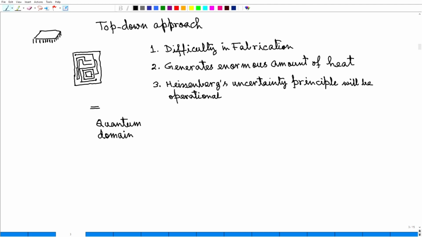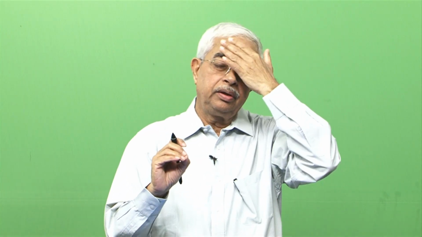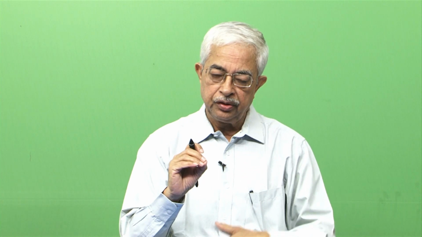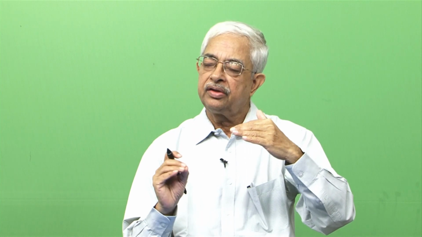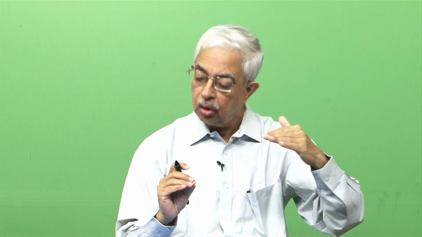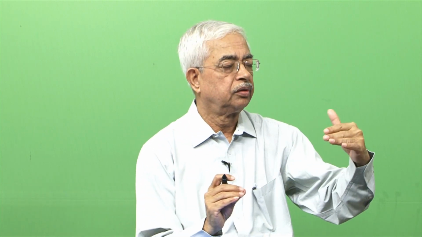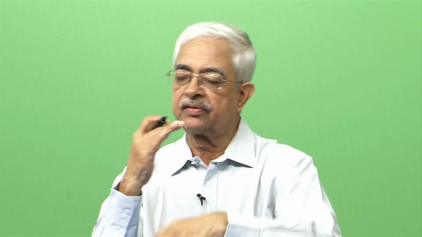Heisenberg uncertainty principle: we cannot locate the position of the electron if we know its velocity accurately, or if we locate the electron, then we cannot know its velocity accurately, or vice versa.